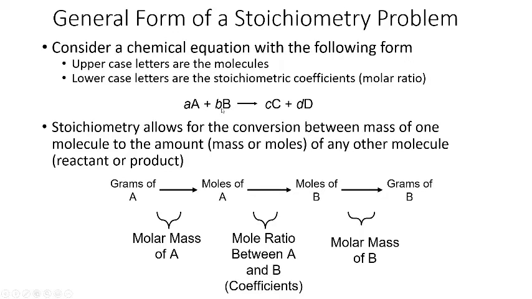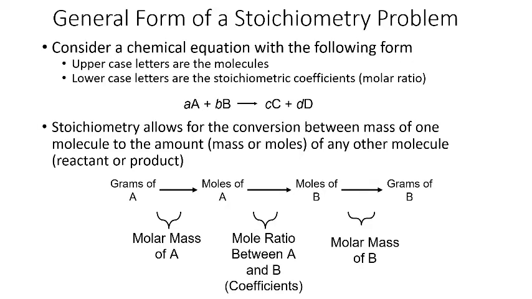We have to first convert to number of moles. The only way you can convert between an amount of one substance and another is by converting to moles. That is very, very important. I'm going to say that again. The only way that you can convert from the amount of one substance to the amount of another substance is by first converting to moles.